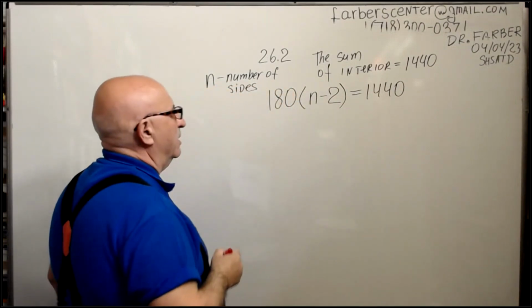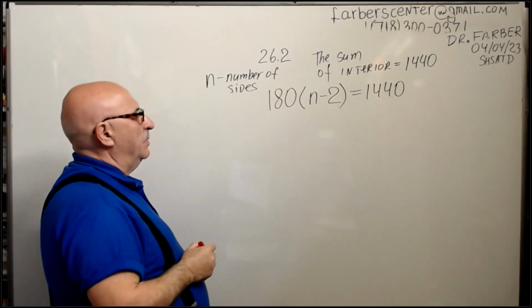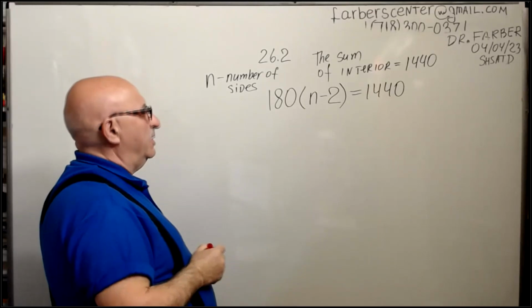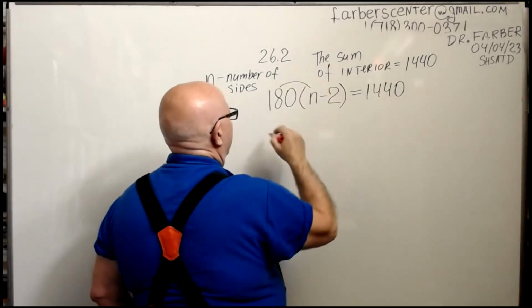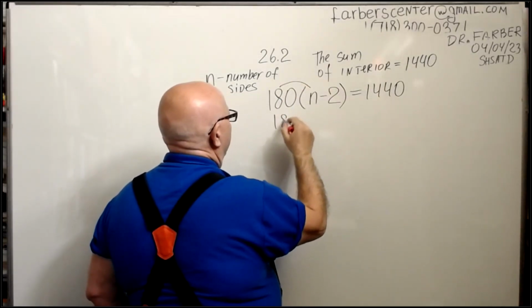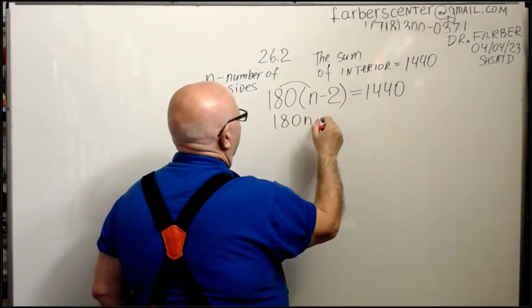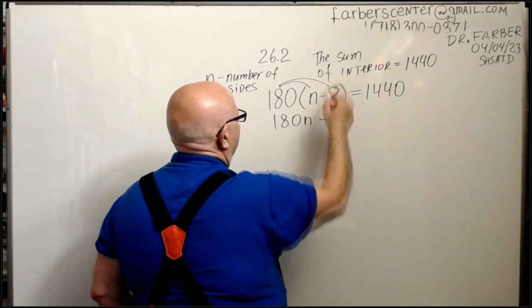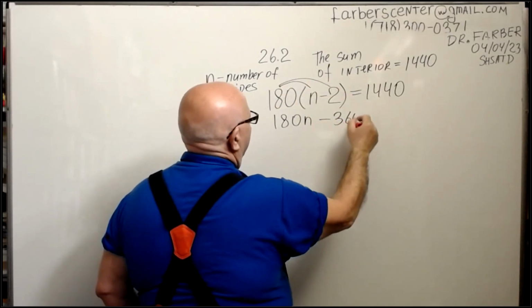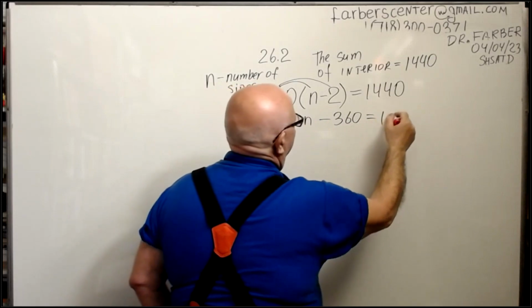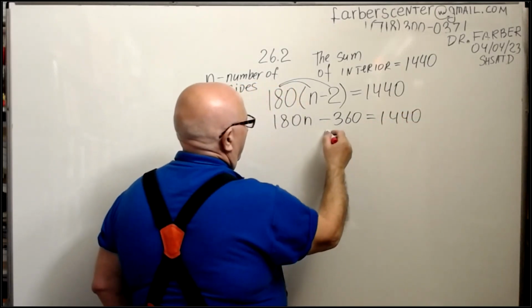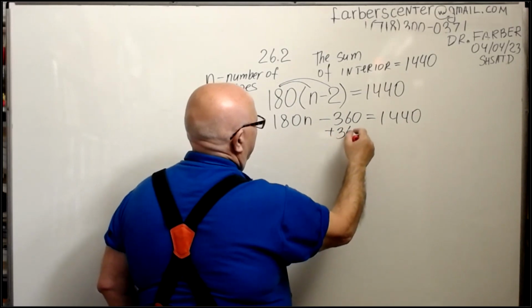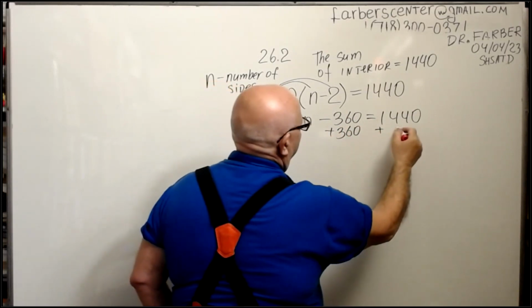There are two ways. This is an equation. Either divide both parts by 180 or use the distributive property and solve the equation. It would be, let's say, distributive: 180n minus 360 equals 1440 plus 360, and plus 360.